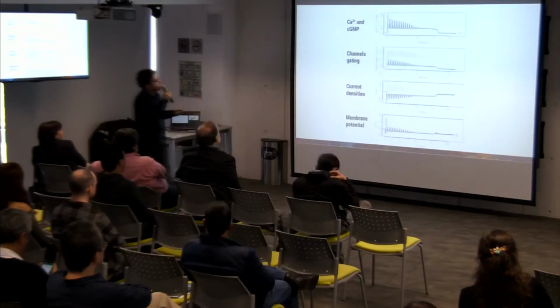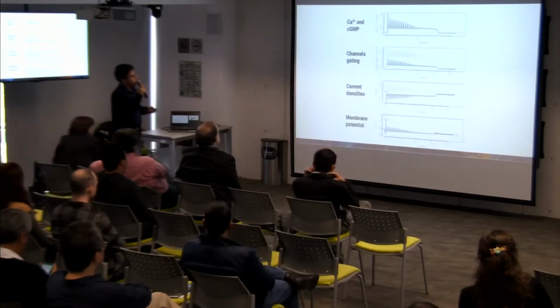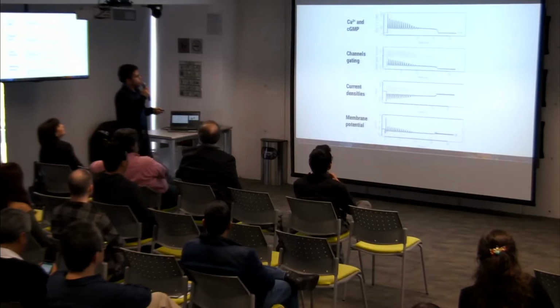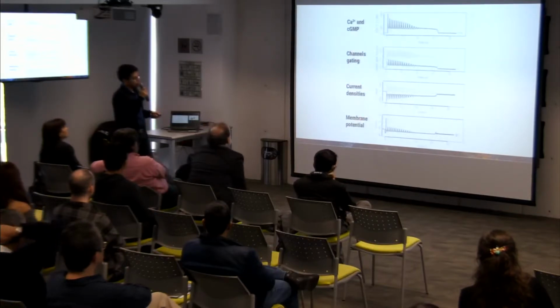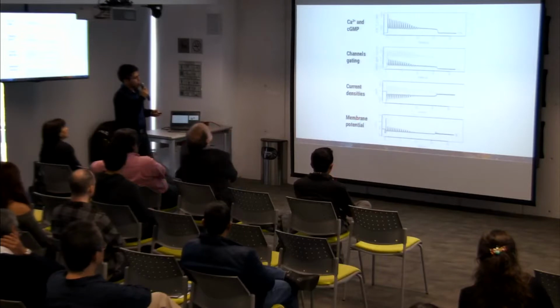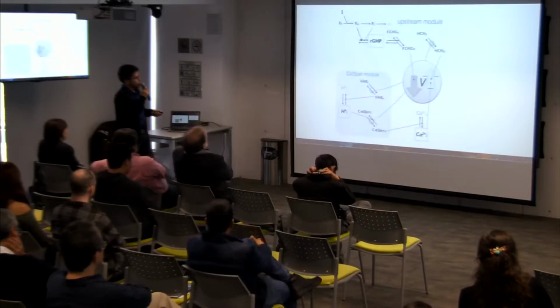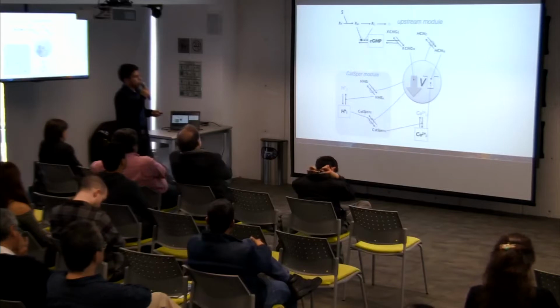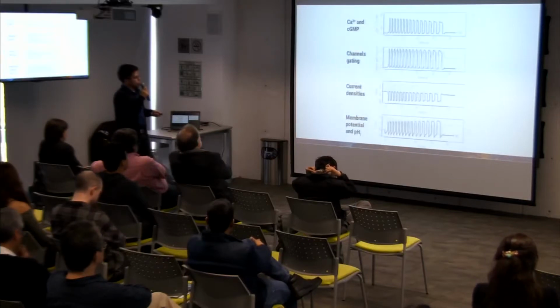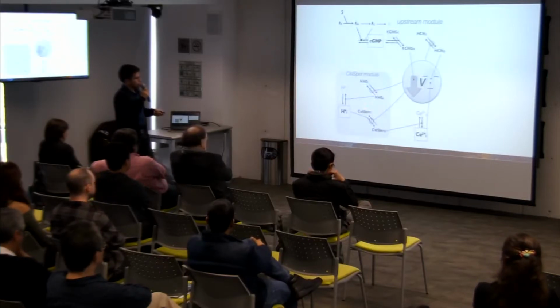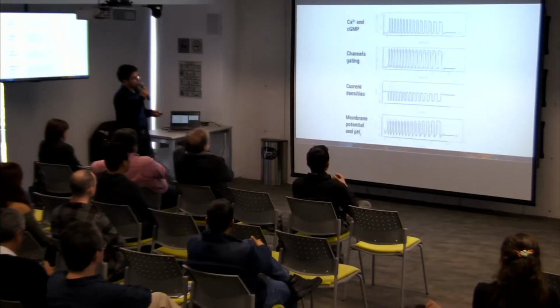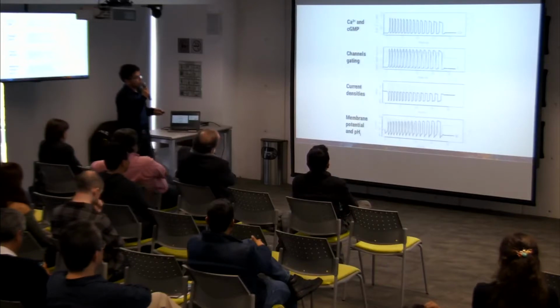It's not showing as sharp, but we have the channel gating, the current densities, and the membrane potential. This is for the CatSper module, which I have to remind you has a threefold dependence: voltage, calcium, and pH. This is the kind of response that we can find by parameterizing the model.